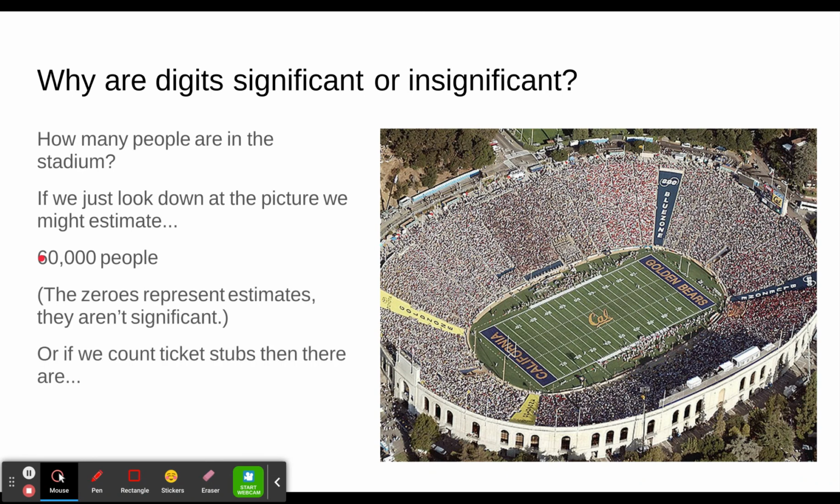On the other hand, if we went through and counted the ticket stubs, now we could get a much more accurate number, like 63,147. Okay, so now each one of these was measured carefully, and we know it's not 63,148 or 63,247.